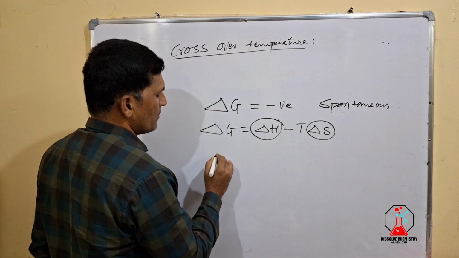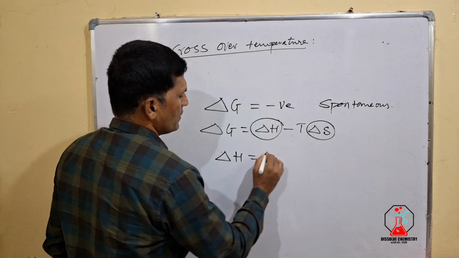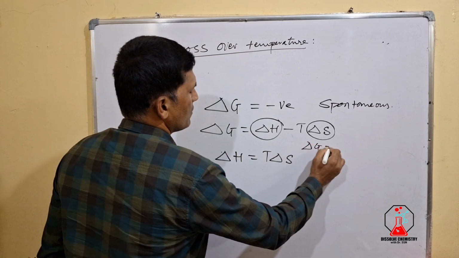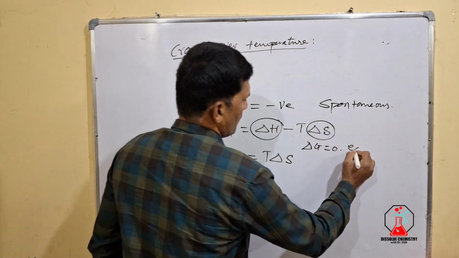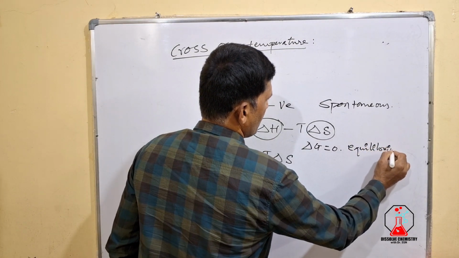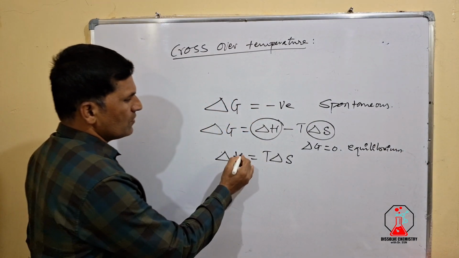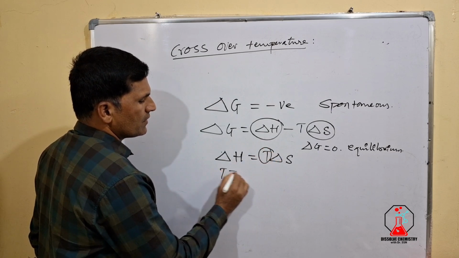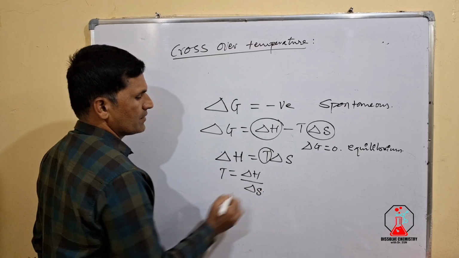So delta H is equal to T delta S when delta G is equal to 0. This is the condition of equilibrium. Here, T is equal to delta H by delta S.